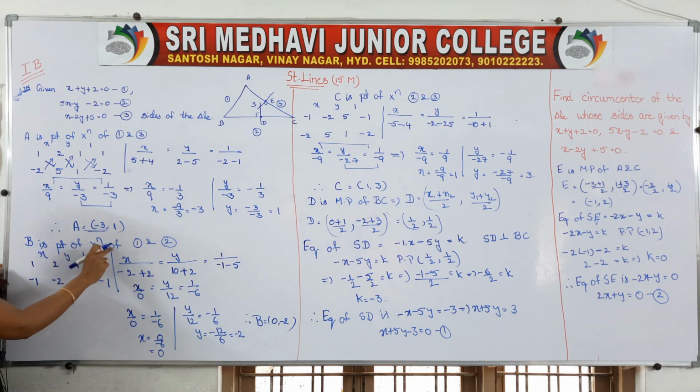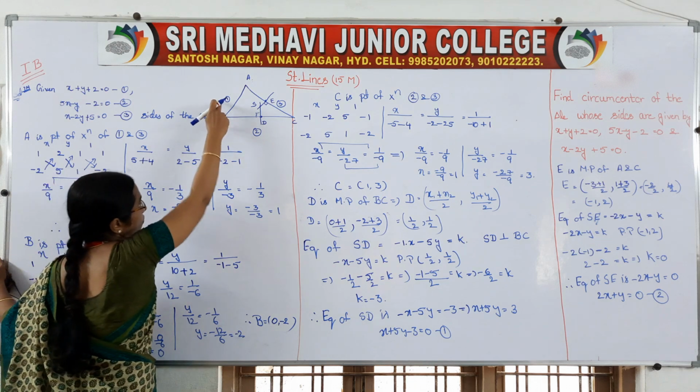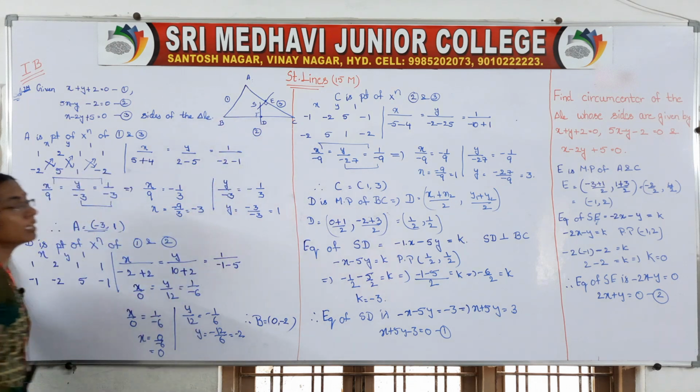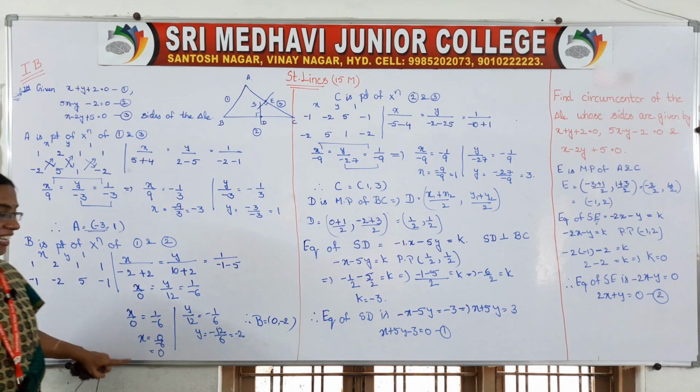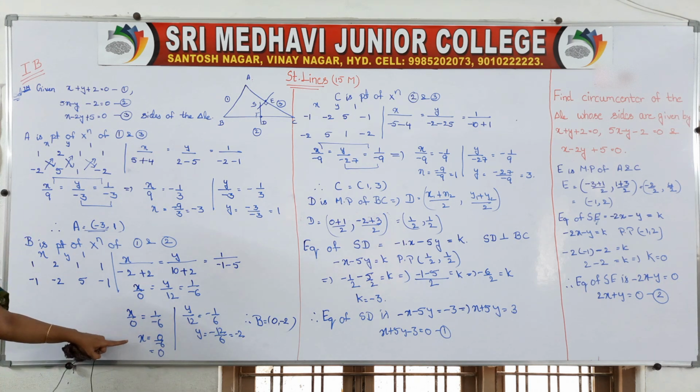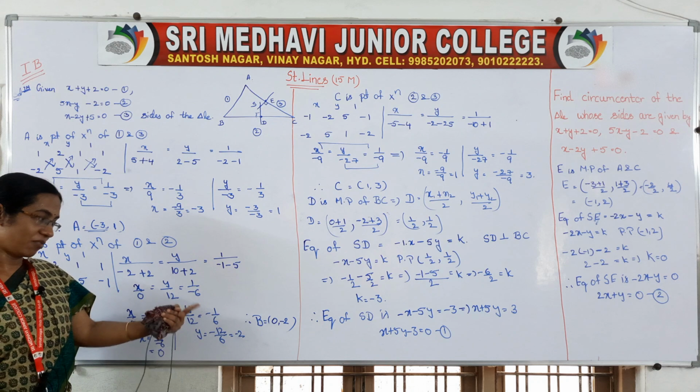Next, B is the point of intersection of 1 and 2. Same thing, y coefficient, constant, x coefficient, y coefficient we have to take. So this into this, downwards first, minus upwards, downwards, upwards. While taking the values, be careful. Instead of x, y, I have taken y, x.